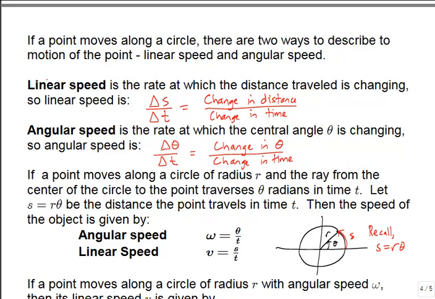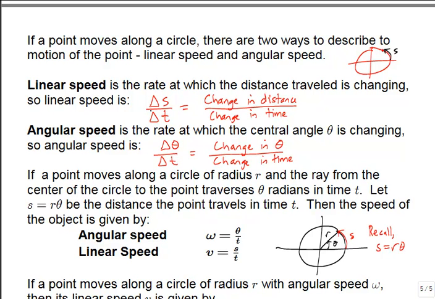So linear speed is defined to be the rate at which the distance traveled is changing. So if you imagine a circle and a point on the edge of that circle, the arc length is this distance s right here. So the change in that distance over time is called your linear speed.